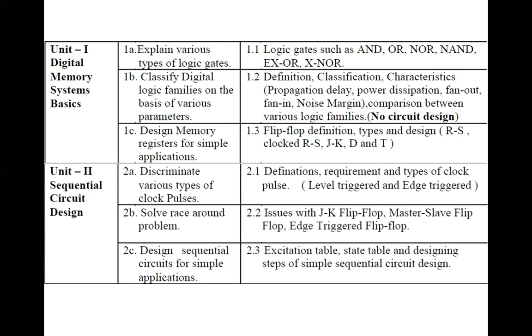The next unit is sequential circuit design, which will make students learn types of clock pulses and their need, the race around problem and its solution, and simple sequential circuit design.